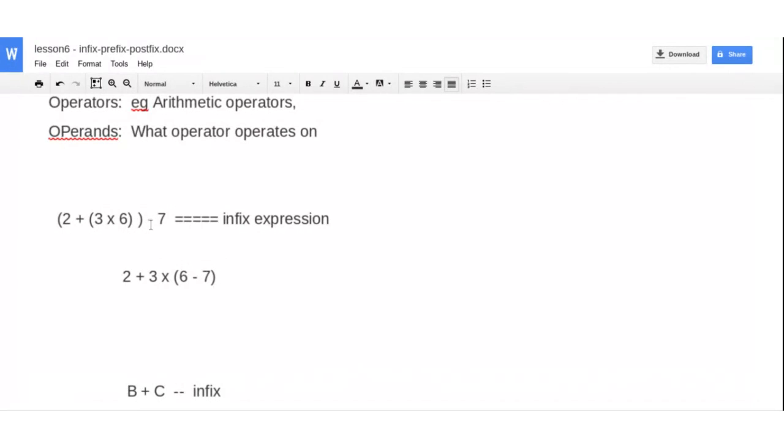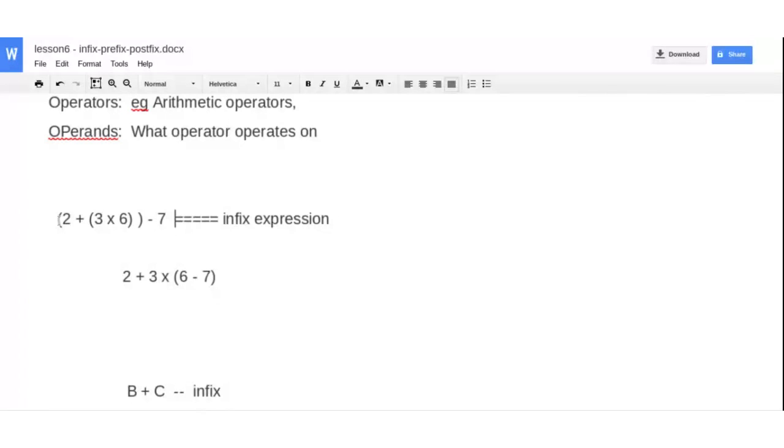Right is a 7, but to the left, it is all what you get after doing everything to the left of the minus. And so the whole part that is to the left of the minus is the left operand of the minus operator.